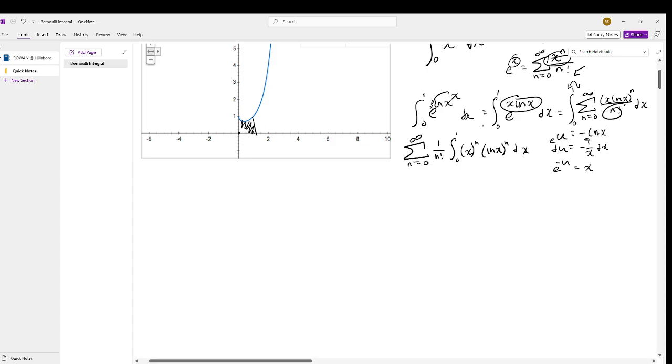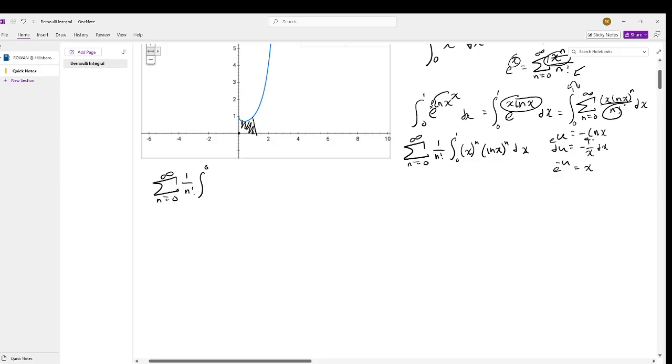What we're going to get, plugging all these substitutions in, is the summation from 0 to infinity of 1 over n factorial. And remember, we have to change those bounds because we have a u here. So plugging 1 in for our u, we get 0 on the top bound.